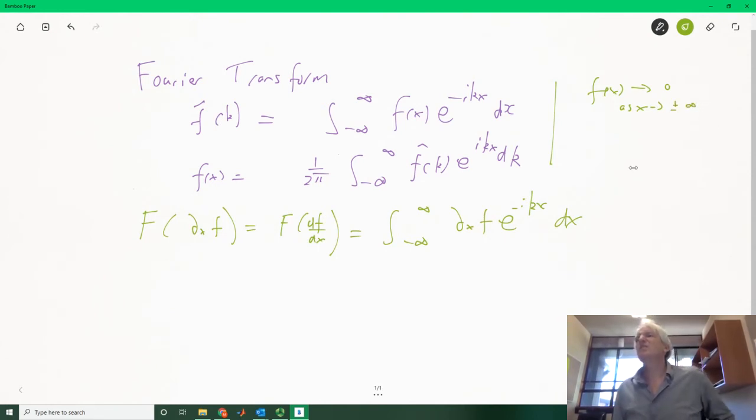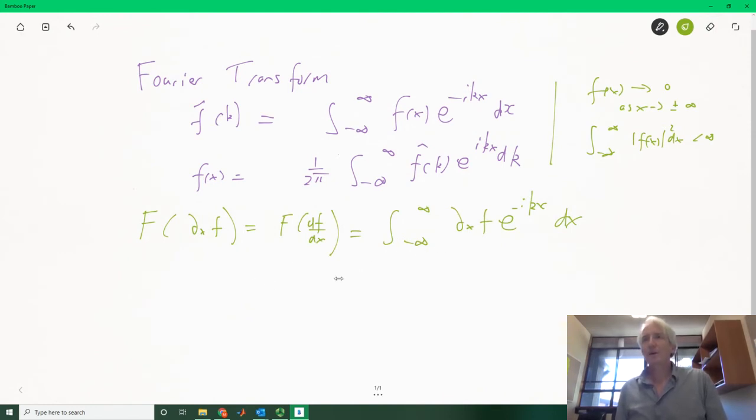In fact, strictly speaking, you've got to have this to be true, but it can be generalized to functions that don't. You can have Fourier transforms of functions that grow, like polynomials and things like that. There's a whole theory behind that.